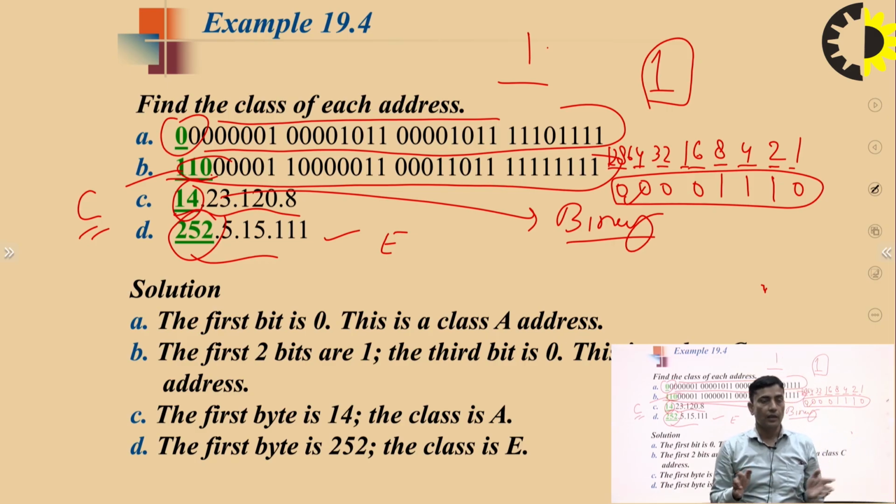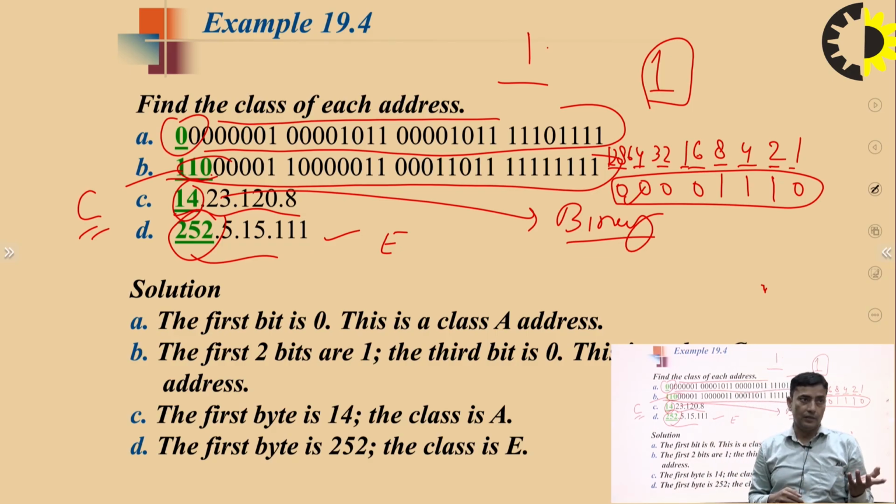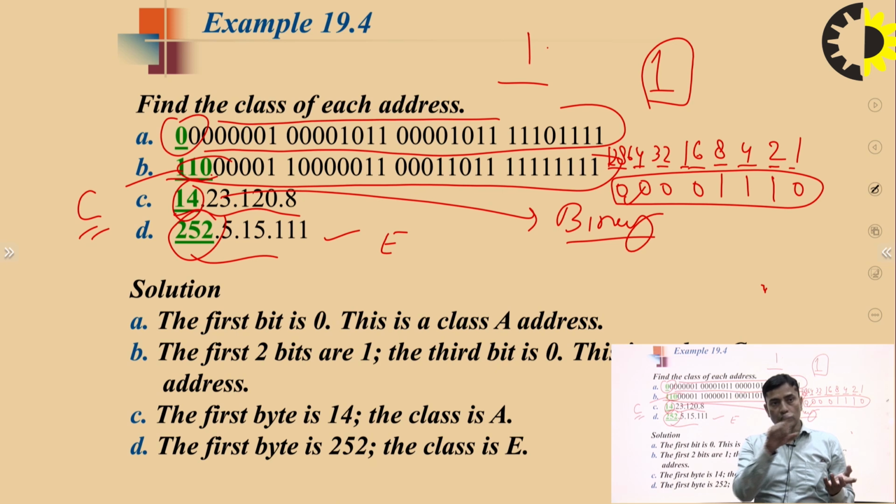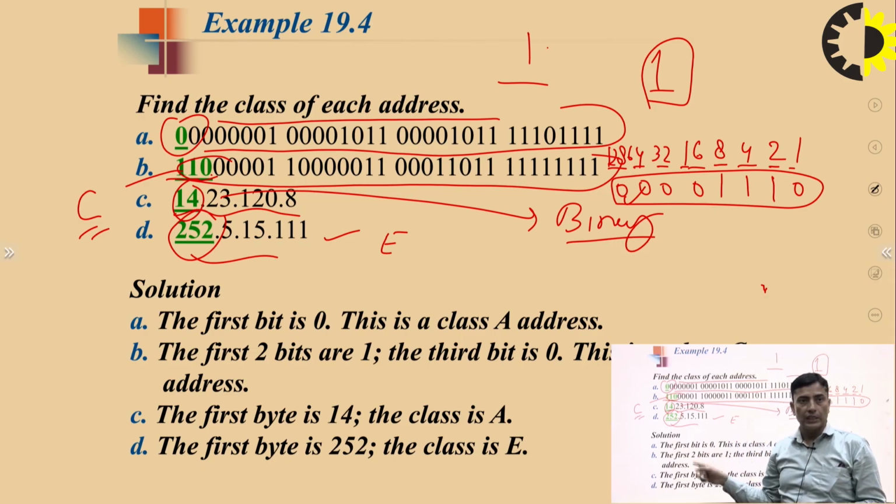We solved some examples. That means by seeing the IP address in binary or decimal form, we can now easily identify which class this IP address belongs to.